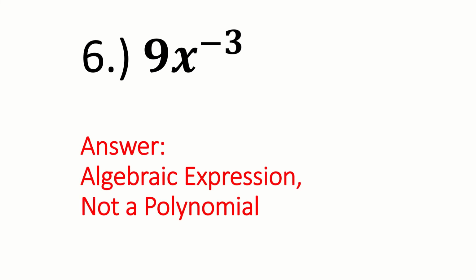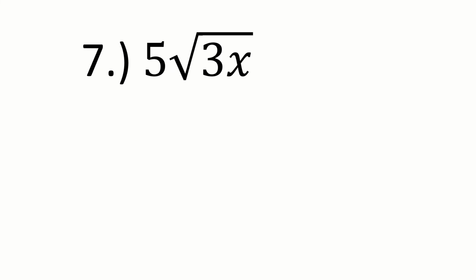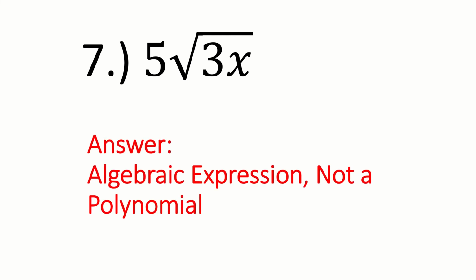It is an algebraic expression, but not a polynomial. Okay, let's have number 7. 5 square root of 3x. So this time, the x is already inside the square root. Correct. Algebraic expression, but not a polynomial.